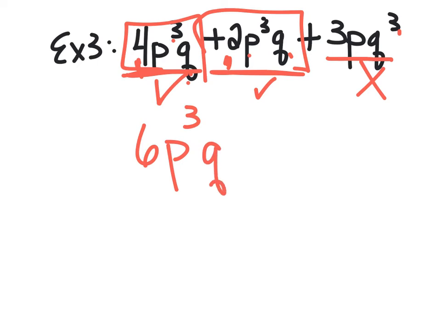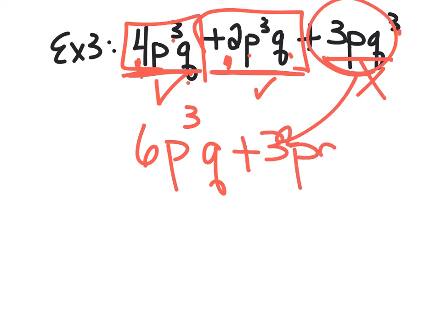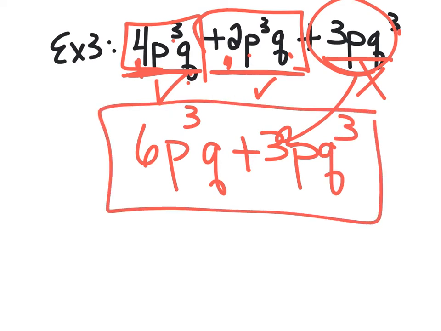This last term I couldn't combine with anything, so I'm just going to write it over here, plus 3p q cubed. I know that was a little crazy, but that is the answer there. We have two different things that we cannot combine together. That is our final answer.